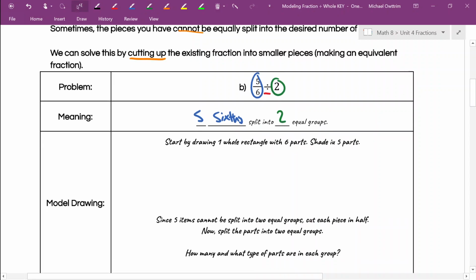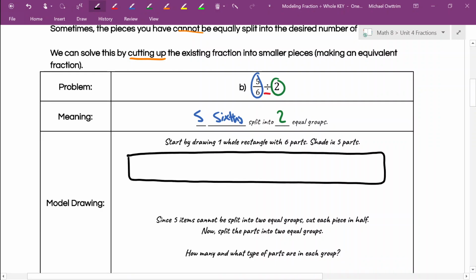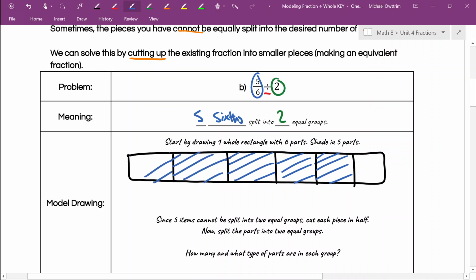We can start by drawing our 5/6. I'll draw this nice and big. We'll draw 1, 2, 3, 4, 5 dividing lines to make 6 sections, and shade in 5 of those. 1, 2, 3, 4, 5 out of 6 shaded in.